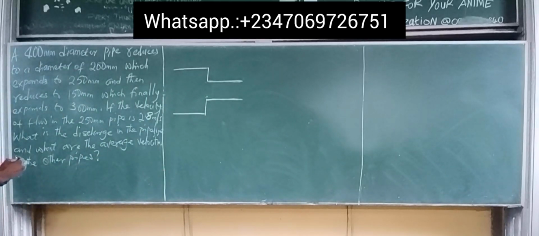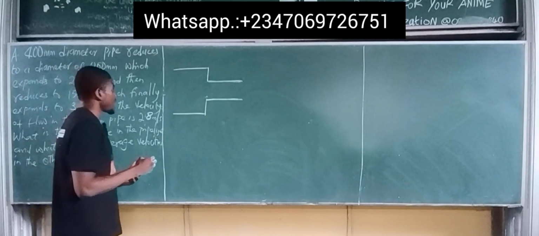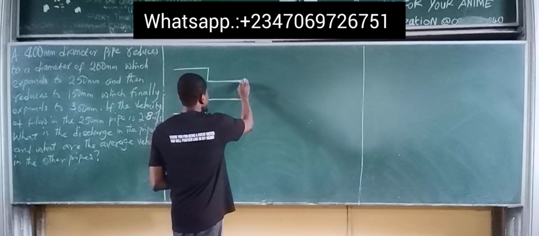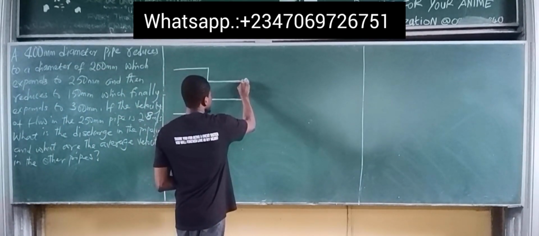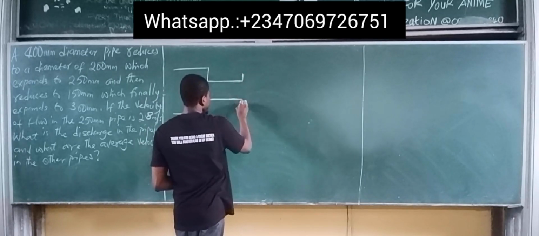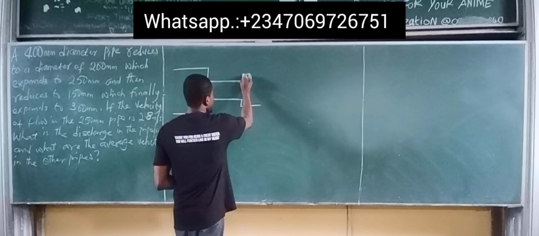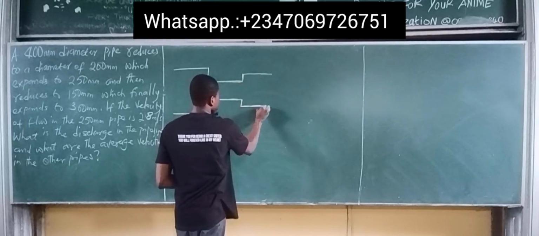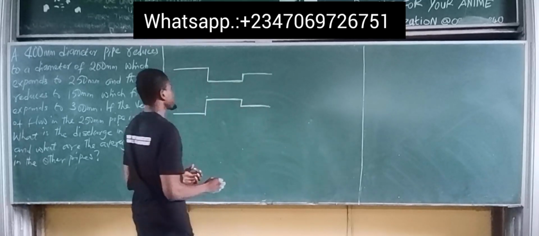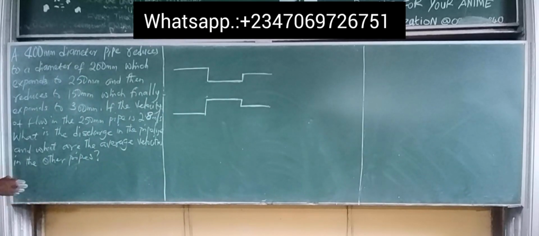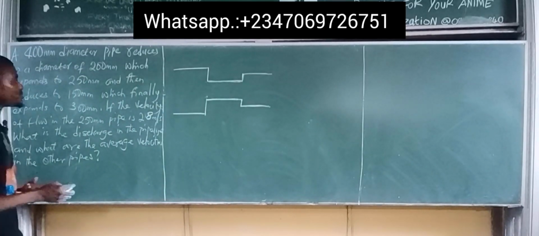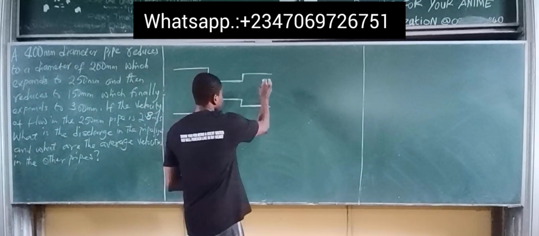Now which expands to a 250 millimeter diameter. So it expands again to 250 millimeter. So let's simply take here to be 250 millimeter. And then reduces to 150 millimeter. There's another reduction.